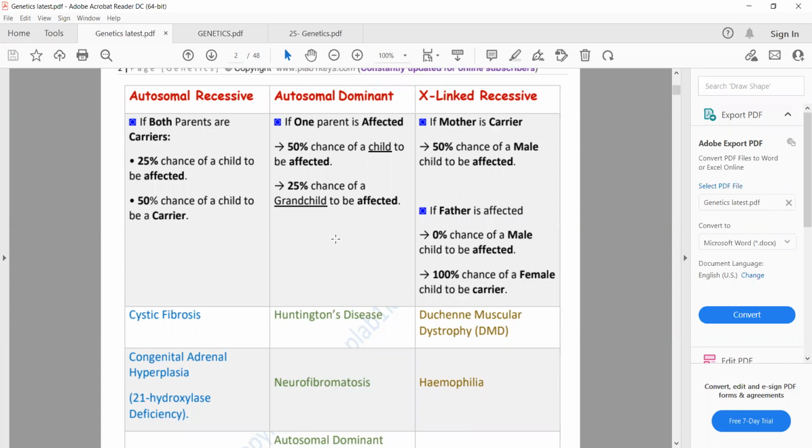Now, what are the possibilities that a child will have both the defective genes? Both parents are carriers. So let's first focus on the father. Father is a carrier. So he has one normal gene and one abnormal gene. So one son will get the normal gene and one will get the abnormal gene.